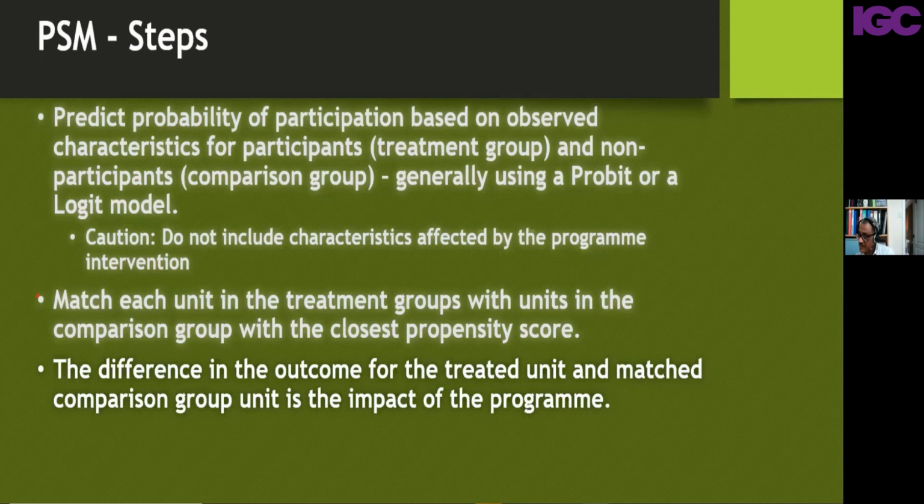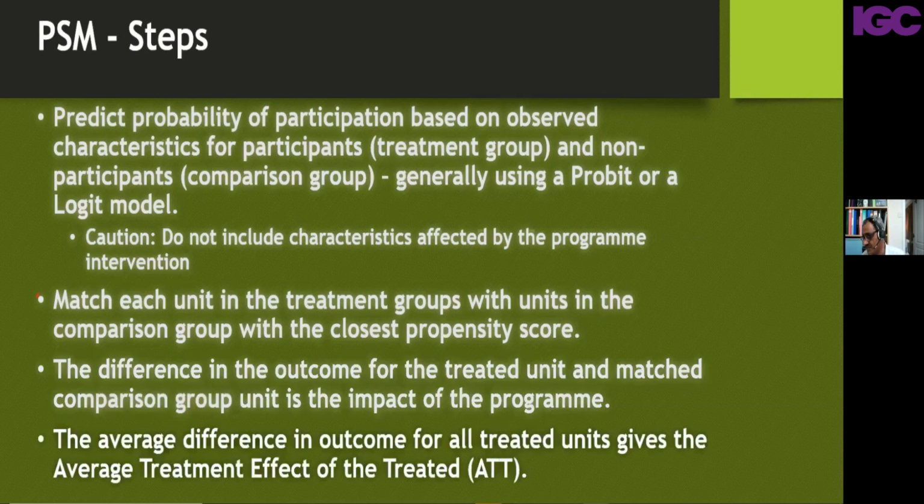So what you are saying is that these two units are very similar in terms of their likelihood of participation in the program based on their observable characteristics. But of course, one unit participated and one unit did not participate. So the difference in the outcome between the treated unit and the matched unit gives you the impact of the program. So that is the idea behind propensity score matching.